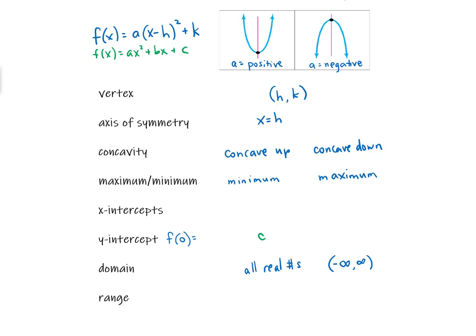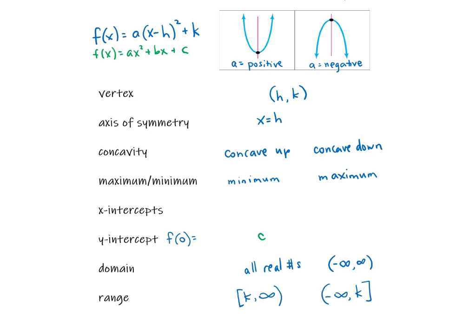So I just want to look over here. The range describes the y values. We have a minimum value. Our minimum value is our k value. And so we're going to say it starts at k and it goes all the way to infinity. While if it's concave down, you're going to start at negative infinity and go all the way to k.